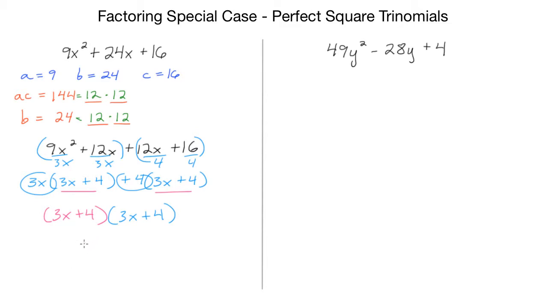So I can rewrite this as 3x plus 4 squared, because I have two of them. And that's why we call this factoring perfect square trinomials, because it's a binomial squared that got me this original trinomial. And we're just undoing the perfect square part.